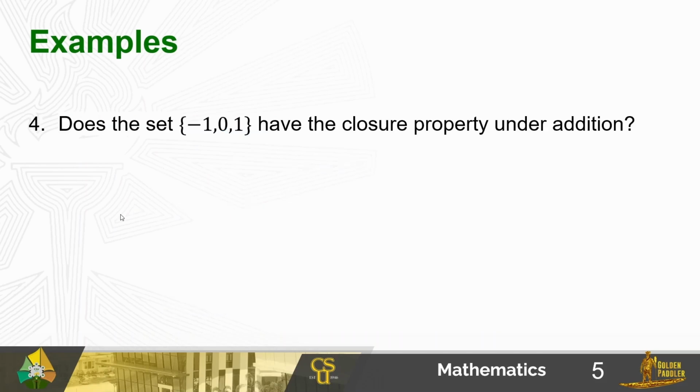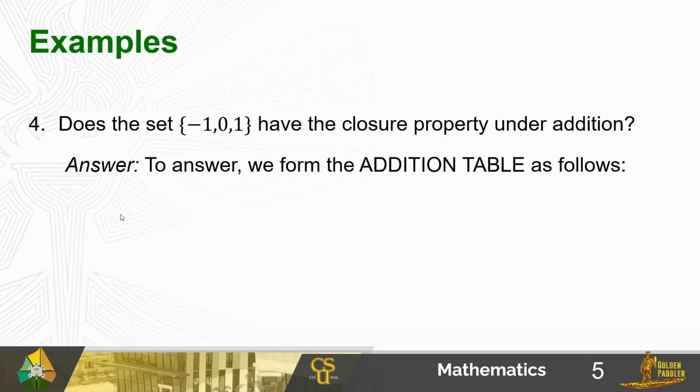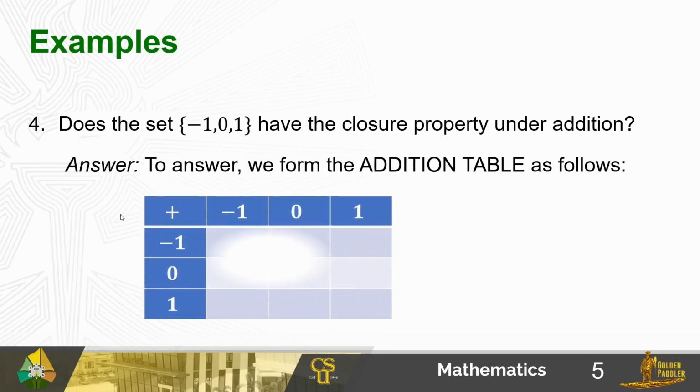So division and subtraction are not commutative operations. Now for example 4, we try to answer the question: does the set -1, 0, and 1 have the closure property under addition? To answer, we form the addition table as follows. You put -1, 0, and 1 at the top and at the left side of the table. Now let's start with -1 plus -1. Take note the answer is -2.